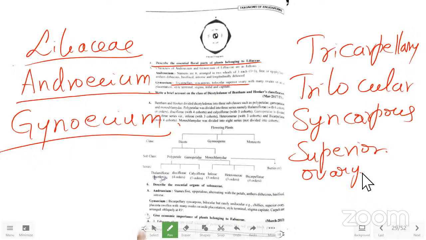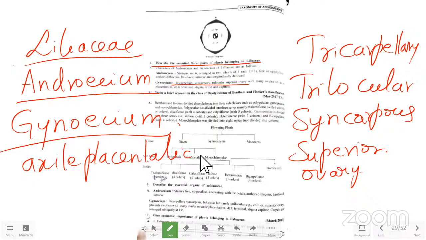So, many ovules are present in each locule with axile placentation.